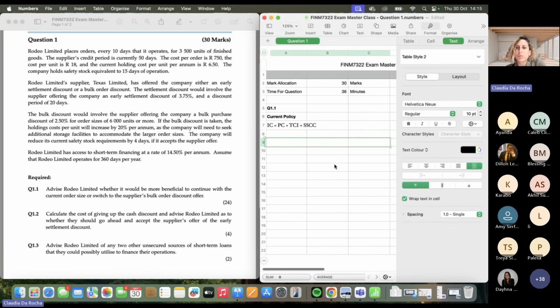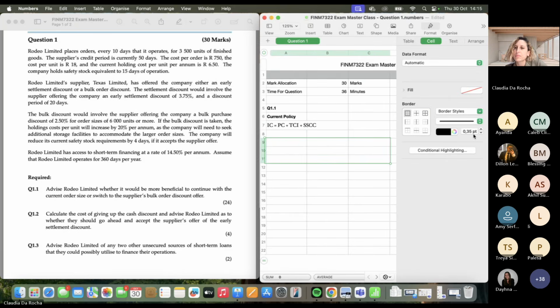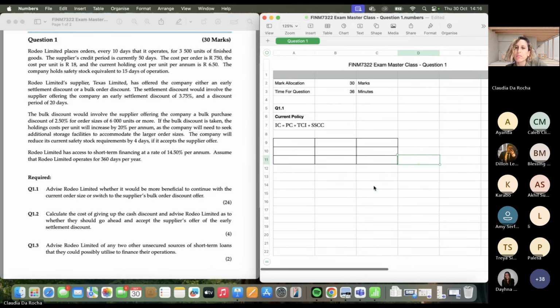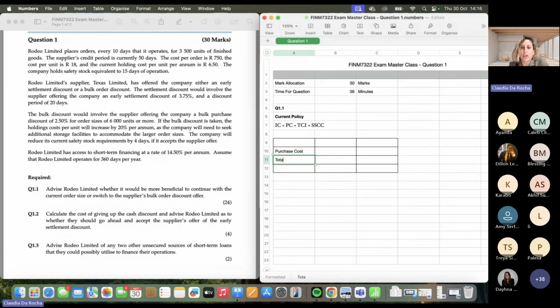So if we're doing a table format, we're going to start off with the different items. So we have our purchase cost, which is our PC. And we have our total cost of inventory.